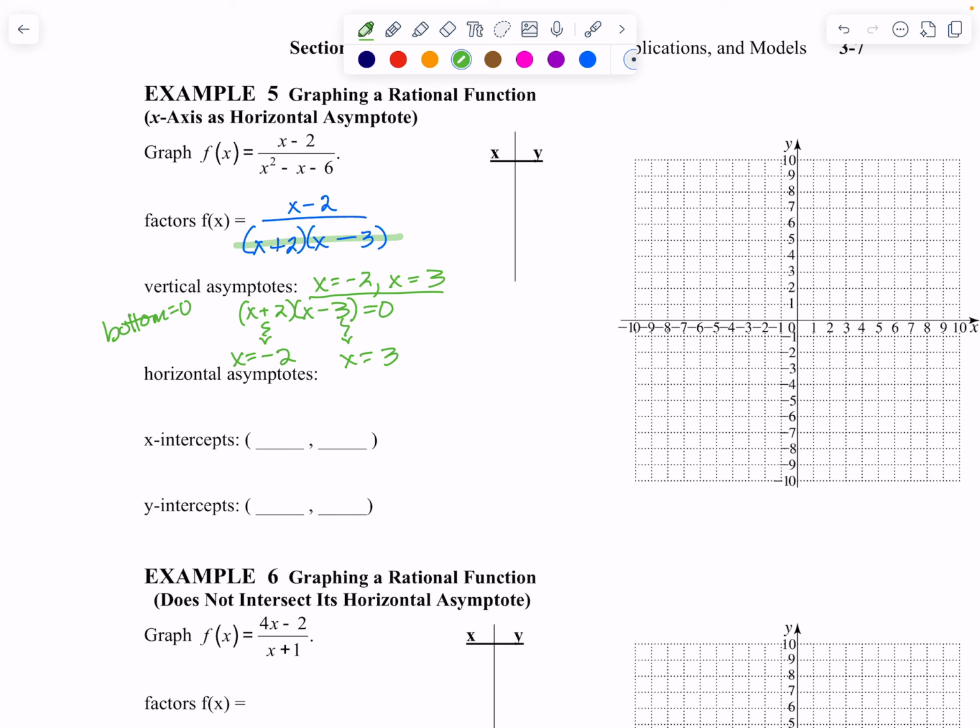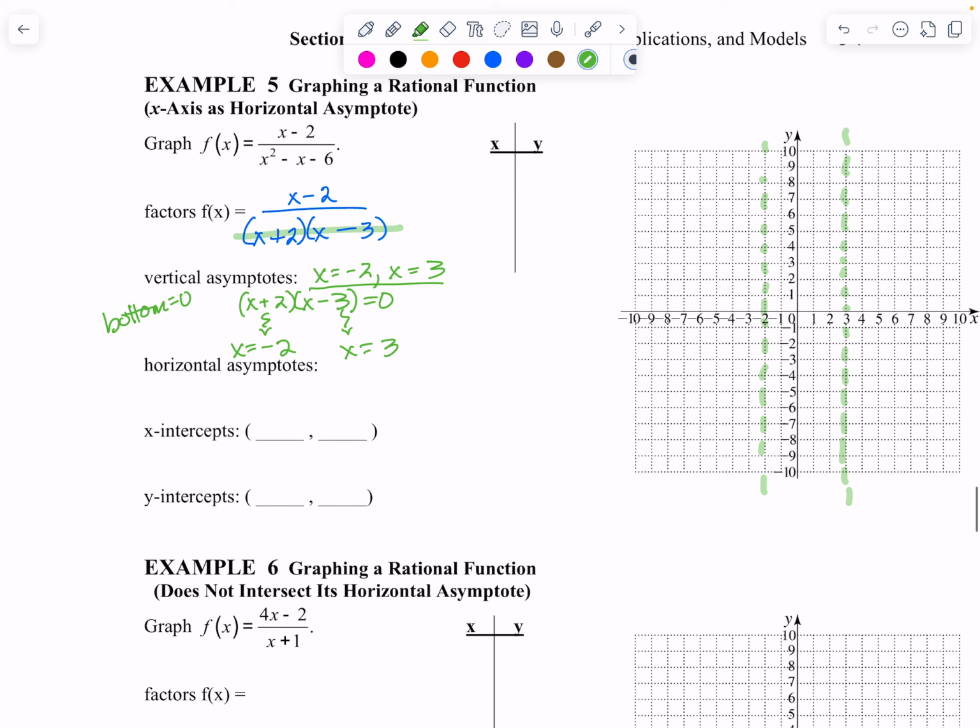So I've got one at -2, and I've got one at +3. My horizontal asymptote, remember, I'm going to look at the degrees. So notice the big one is on the bottom, so that tells you y equals 0. So let's go ahead and put that horizontal asymptote in there.